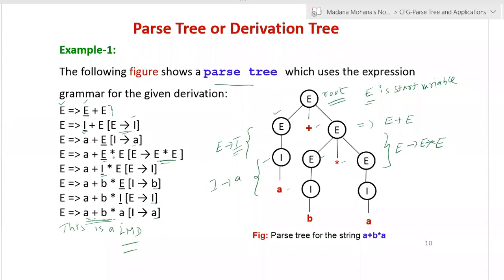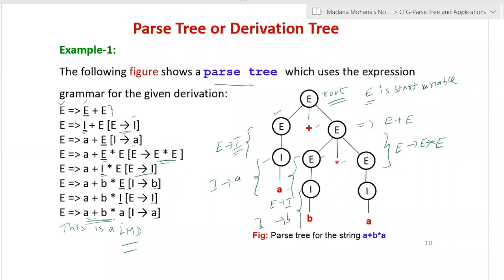Then in place of E into E, the leftmost E is replaced by I. Then again the leftmost I is replaced by terminal b. The corresponding production is I derives b.